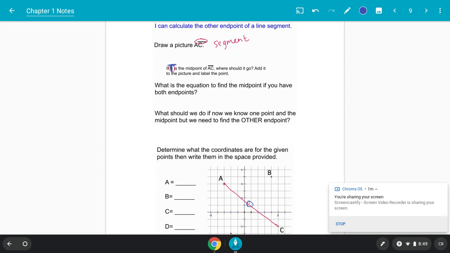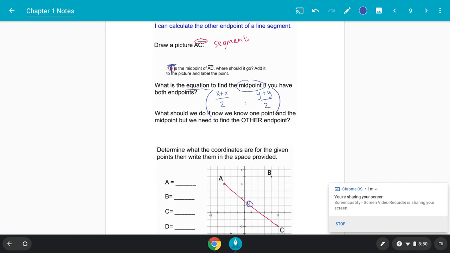And we know this perfect specific location by using what we learned yesterday. What we learned yesterday is that there is an equation to find the midpoint if you have both endpoints. The equation is x plus x divided by 2. And then to find the y value, you do y plus y divided by 2.